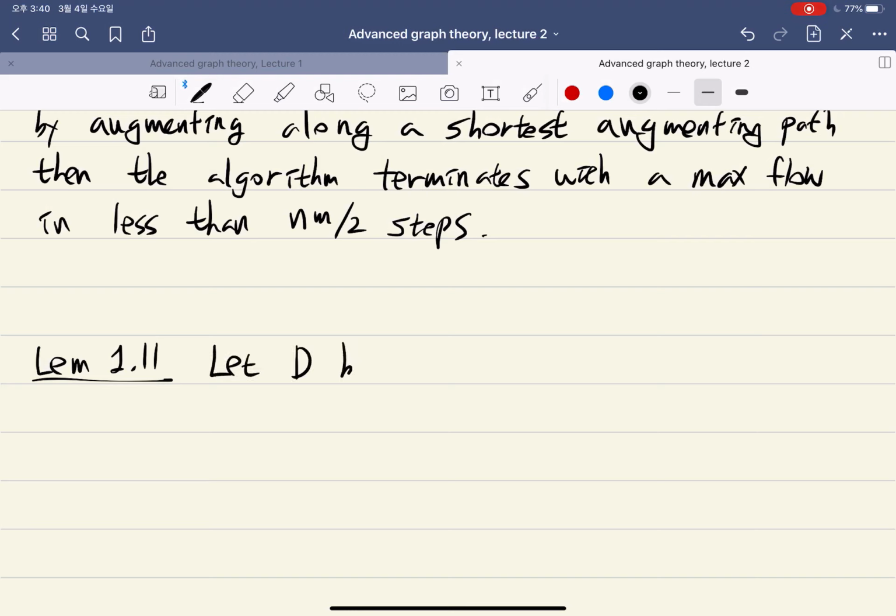So let D be a multi-digraph, so a digraph that possibly could have multi-edges.